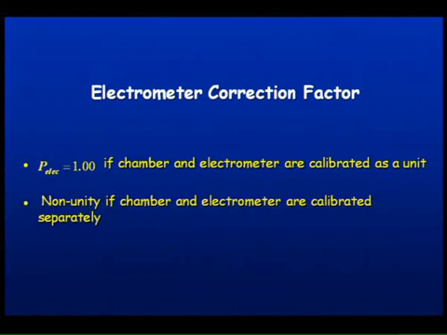For the chamber, they give gray per coulomb, and for the electrometer, they can give it as coulomb per reading, nanocoulomb per reading, or depending upon the readout of the electrometer, as a dimensionless quantity. And it is unity if the chamber and electrometer are calibrated as a unit.